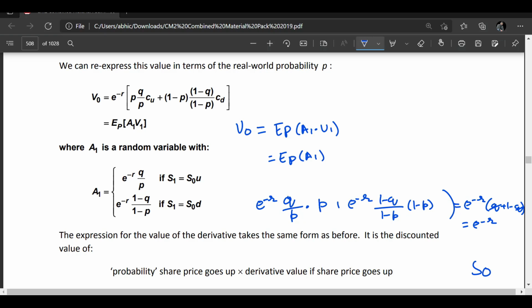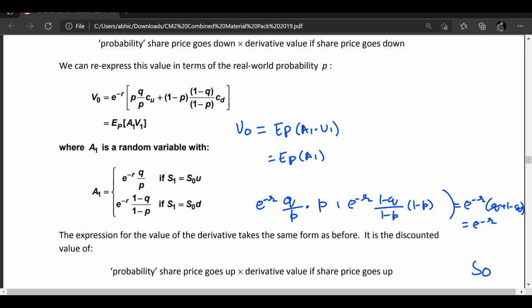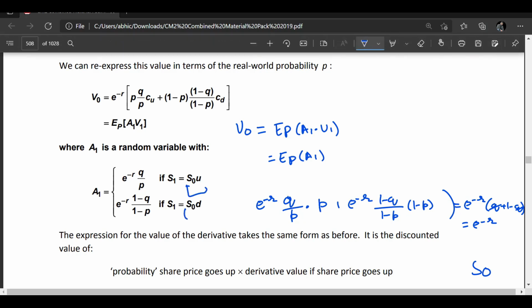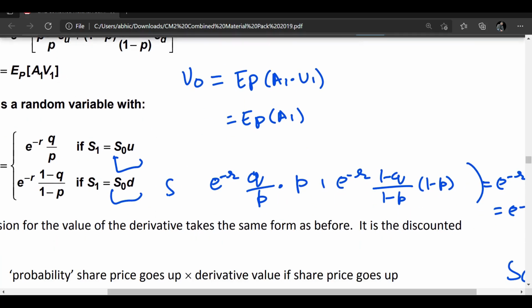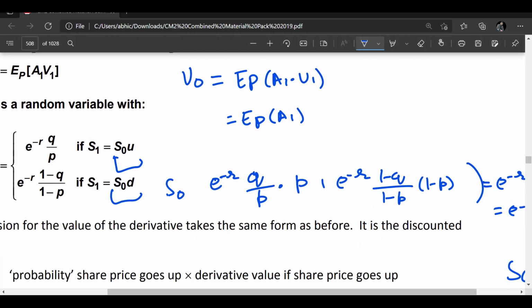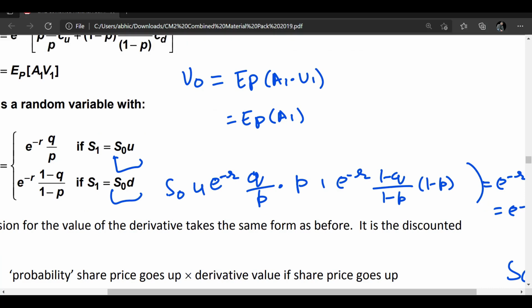So what is S1? S1 in these two cases is S0 U and S0 D, right? In both the cases. So here you will have S0 U, and here you will get S0 D, right?